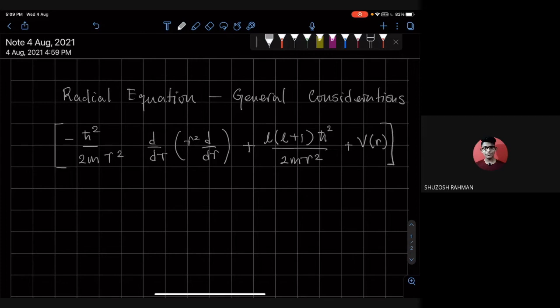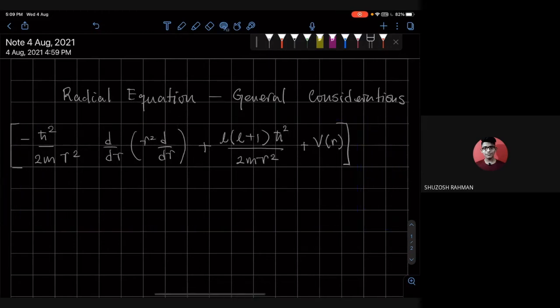And this acts on the radial wave function R, which is a function of r, and the quantum numbers are E, the energy eigenvalue, and L, because as we can see, this equation depends on L. So this is going to be equal to E times R_EL of r. This is the equation that we want to solve today. Any questions?